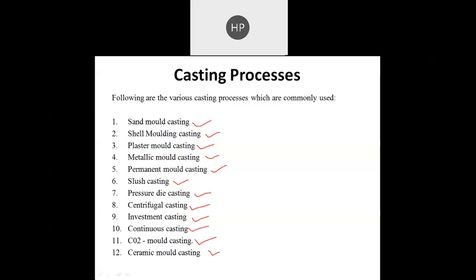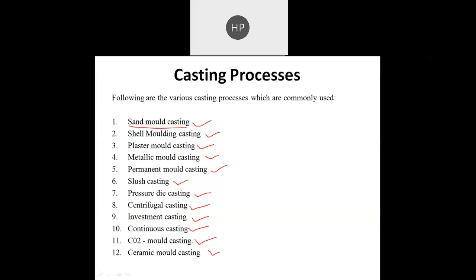And out of them, regarding sand casting, we have talked earlier. Whatever discussion we have done so far is most probably regarding the sand casting process or sand molding process. In that one, we have to prepare the sand, and we have to make the gating system.